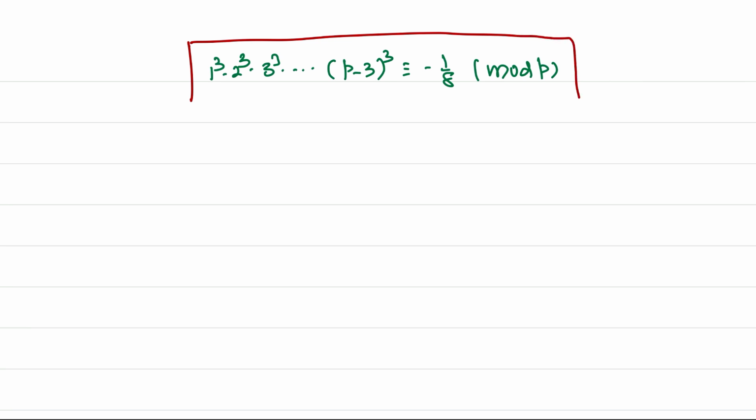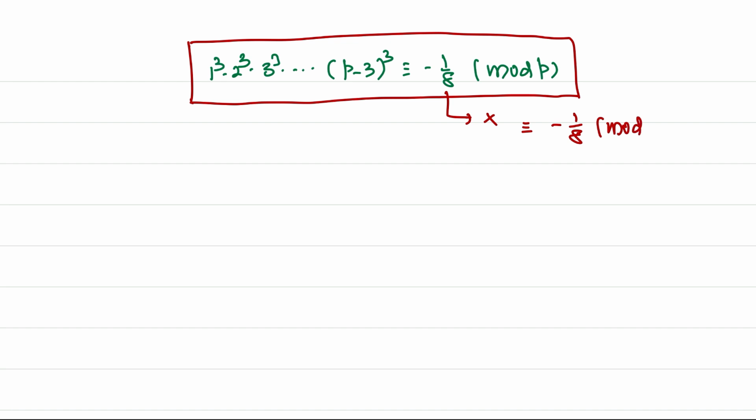That means the whole solution, the answer, is 1 cube into 2 cube into 3 cube up to (P minus 3) whole cube equivalent to minus 1 by 8 mod P. Where minus 1 by 8 is the x in our problem, and x can be written as x equivalent to minus 1 by 8 mod P. It is not equal, it is equivalent.